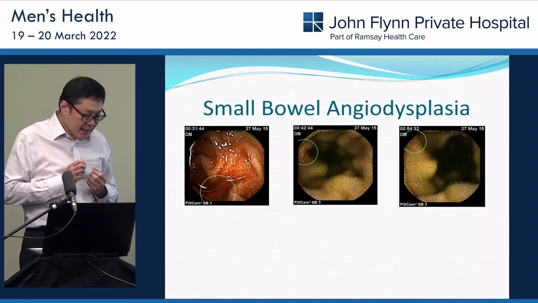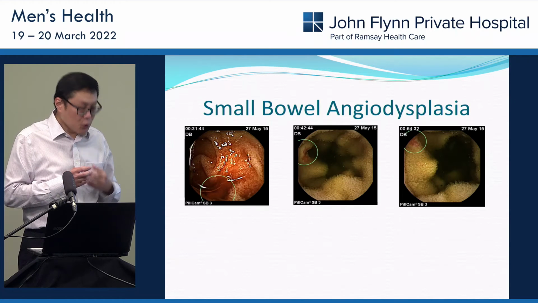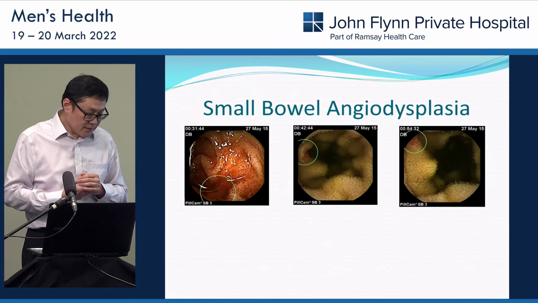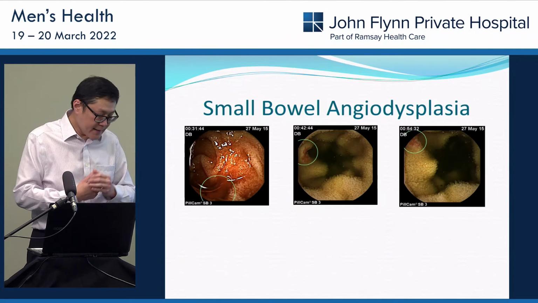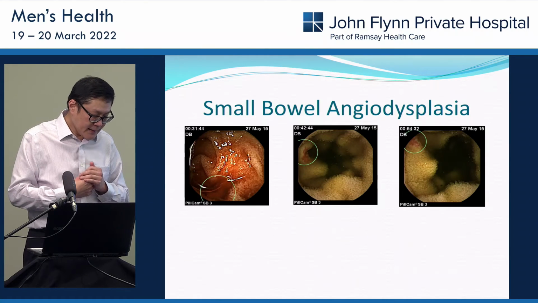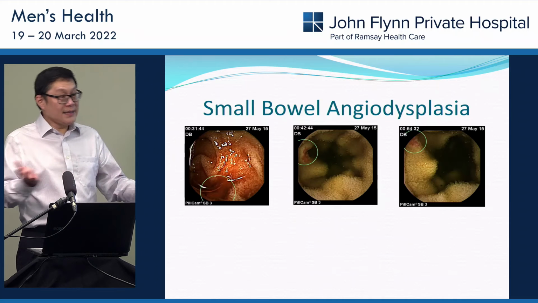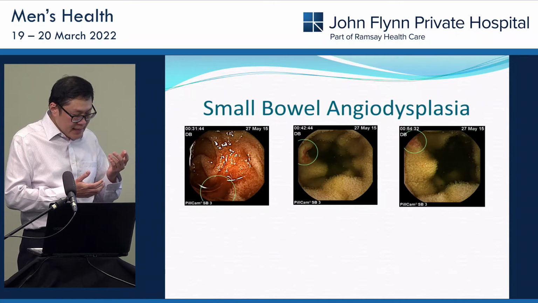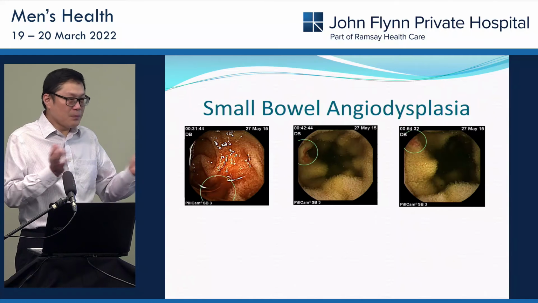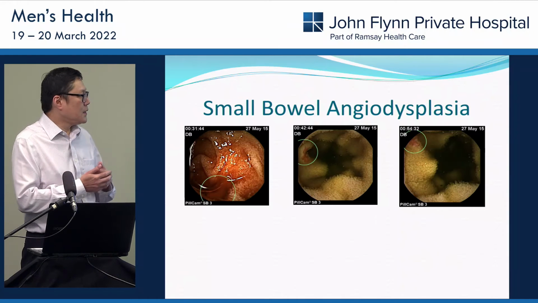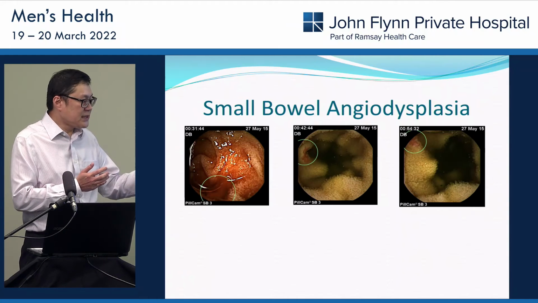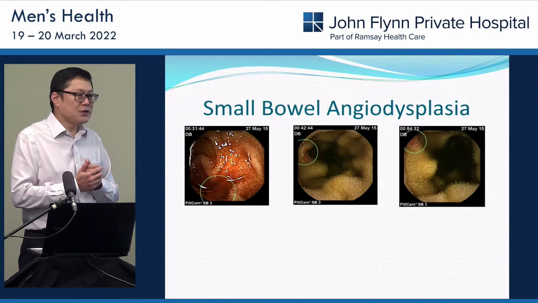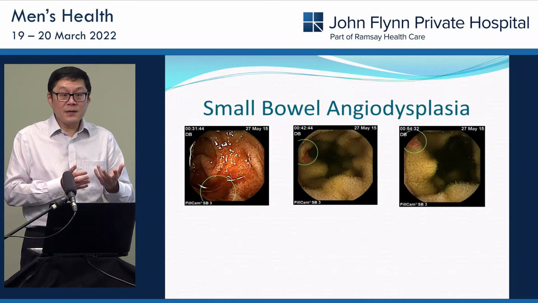Angiodysplasias are basically dilated capillaries that grow into the mucosa of the small bowel, or in fact, they can grow anywhere in the GI tract where there should not be any blood vessels. They do create a problem because they are recurrent and they cannot be fully eradicated. So even if we detect them, intervention is usually only performed if there is heavy bleeding.